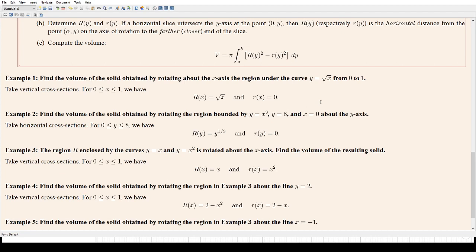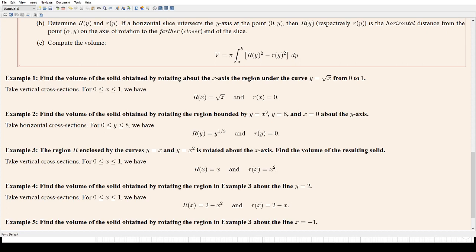So if you're not drawing pictures, then there's very little hope that you're going to be able to get it. The principal challenge is really just to figure out what the functions big R and little r are. Because once you have those, you just plug them into the formula and perform the integration, if possible.